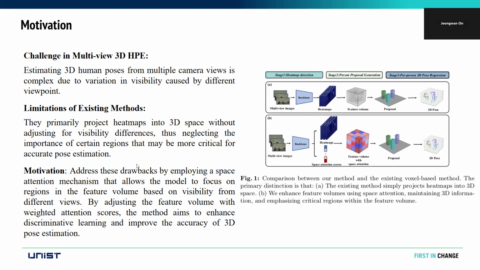To address this problem, in this work they introduced a 3D space attention mechanism that allows the model to focus on a region in the feature volume based on its visibility. By adjusting the feature volume with the weighted attention score, the method aims to enhance discriminative learning and improve the accuracy of the 3D pose estimation.